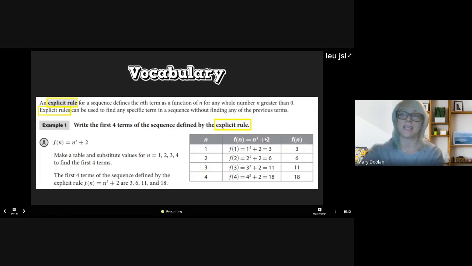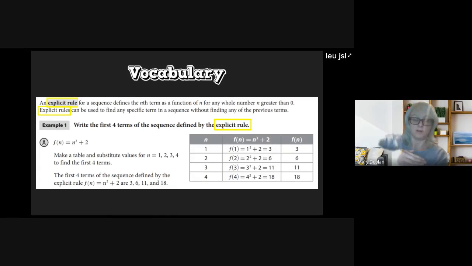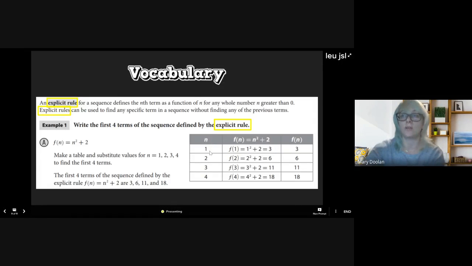And so this is a table showing that. This table now, instead of going across horizontally, has vertical columns. We have the n values starting with 1, 2, 3, 4. We saw that before on those other examples where it was n 1, 2, 3, 4, 5. This is the f of n rule.